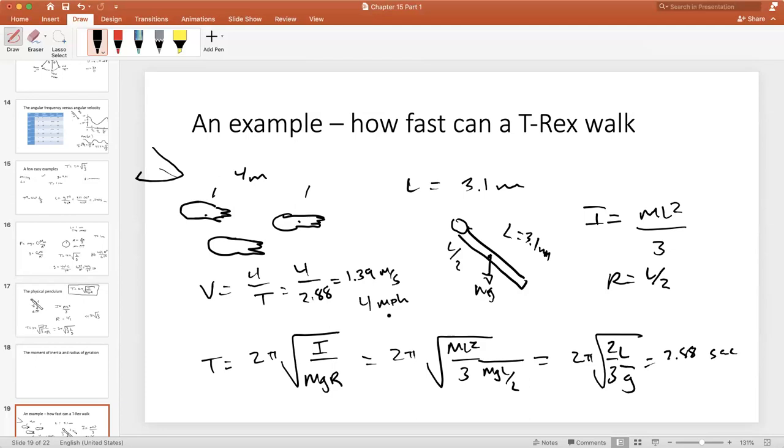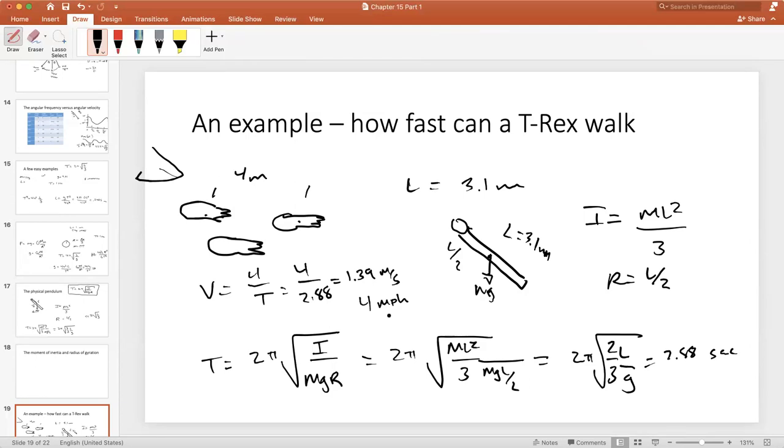Could you measure your leg as a uniform density thin rod? No, probably not. Probably way more complicated, but you're going to get close. So if you imagine swinging your leg back and forth like a pendulum, then probably pretty close.